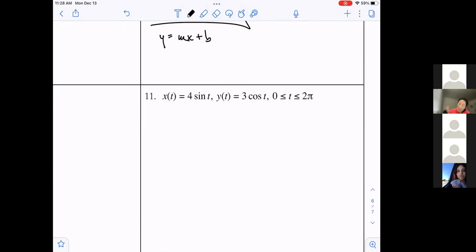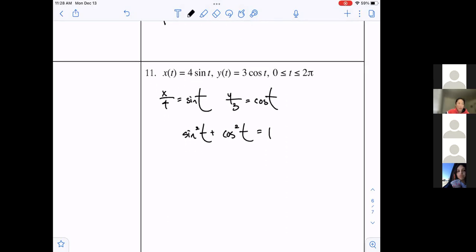Well, how did we set up before we used the Pythagorean theorem? We divided by the coefficient for it. Great, so we could have x over 4 would be sine t, and y over 3 would be cosine t. And then we could say sine squared t plus cosine squared t equals 1. We know that's true. Now we plug in the things.